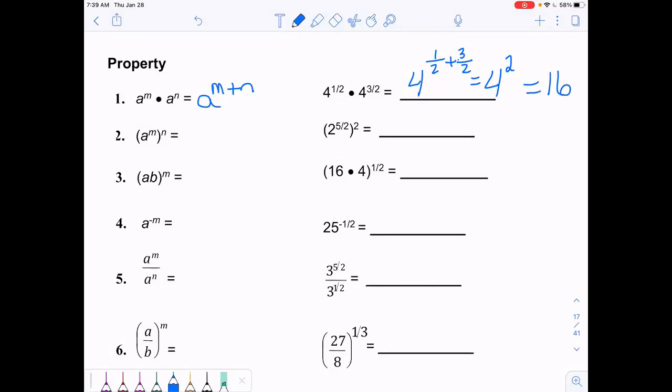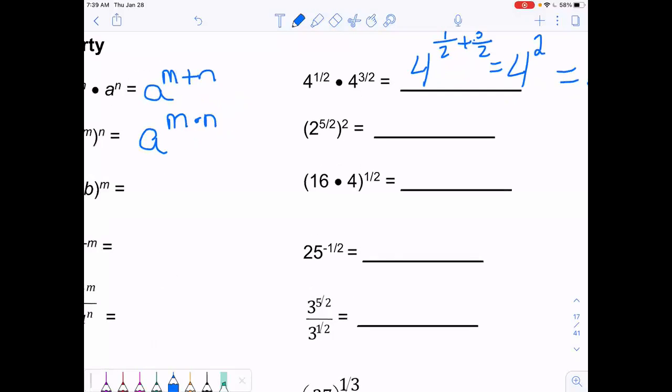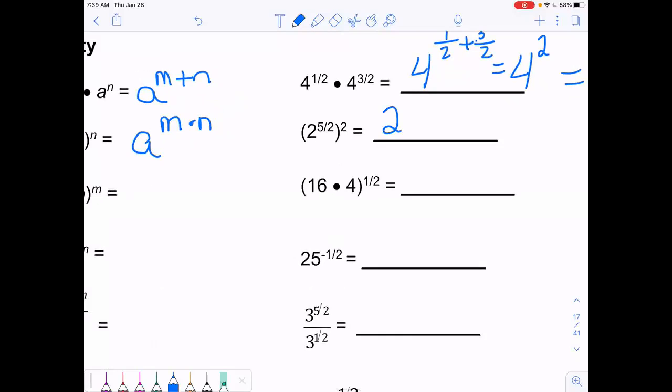The second property, this is our power of a power property. Grace, what do you think you would do with a to the m to the n? Yeah, multiply them. So we're taking those exponents and multiplying them. So we have the exponent of 5 halves. We're multiplying that by 2. I'm going to make it 2 over 1 just so that I can have it as a fraction.